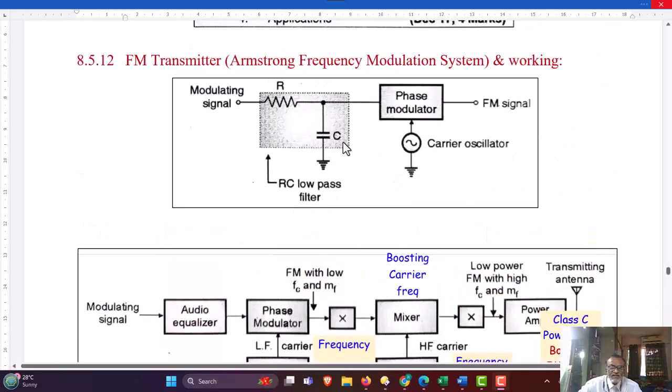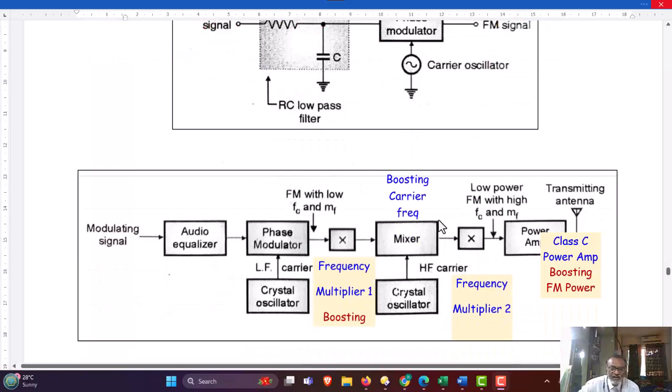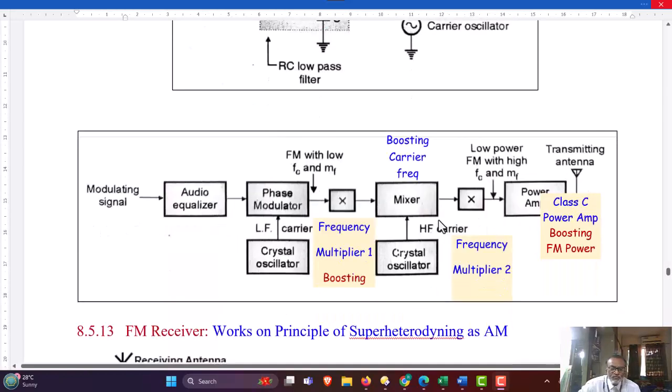This is the diagram of a simple Armstrong frequency modulation system, whereas the second diagram shows the superheterodyne FM transmitter or FM generation system.